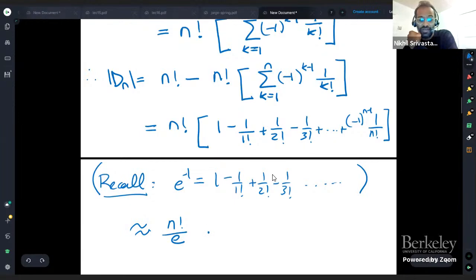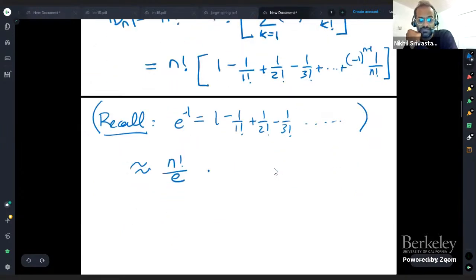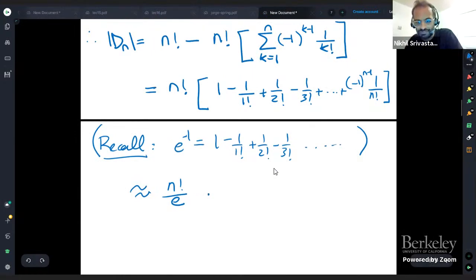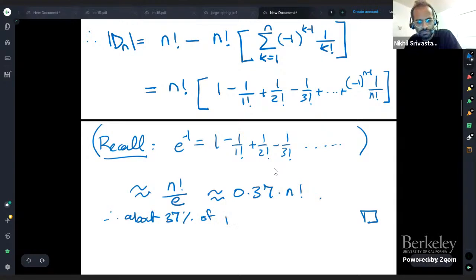So actually, there are a lot of derangements. 1 over e, that's about 37% of all permutations are derangements. So this is about 0.37 times n factorial. So the conclusion is about 37% of permutations are derangements, which I find surprising.